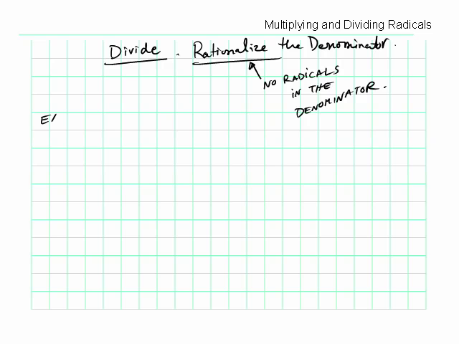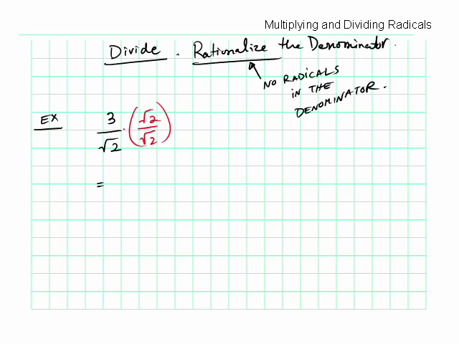Example of that, let's say we have 3 over square root 2, or 3 divided by square root 2. I need to get the radical out of the denominator, so what I'm going to do is multiply this by something equal to 1. I'm going to multiply this by square root 2 over square root 2.